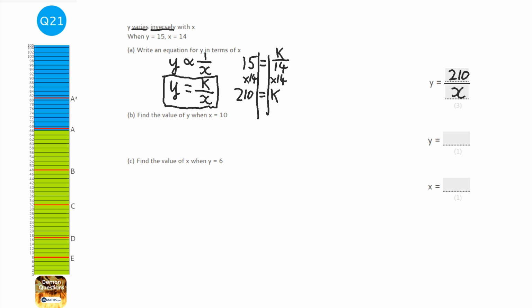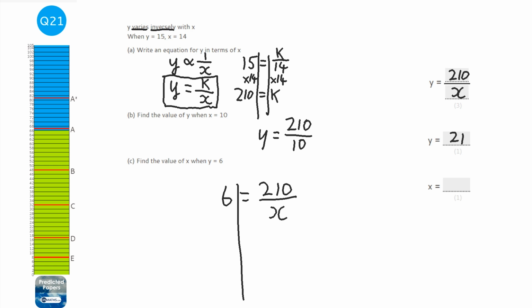The next question says find the value of y when x is 10. So y is going to be 210 over 10. That's nice and easy. That's going to be 21. And then it says find the value of x when y is 6. So we're going to have the equation we've written earlier. So it's going to be 6 equals 210 over x. And what you can do here is times both sides by x and then divide both sides by 6.